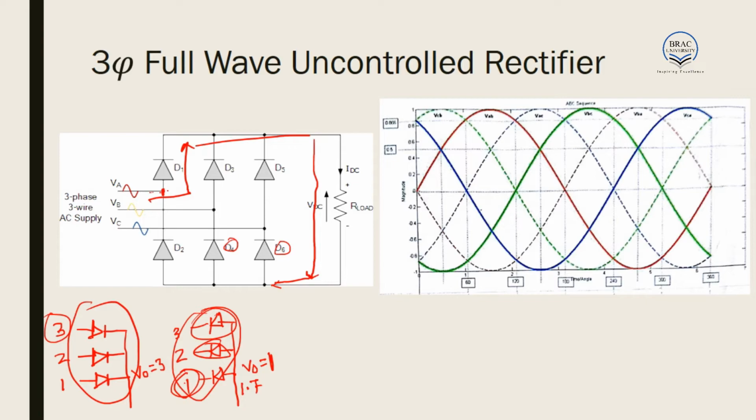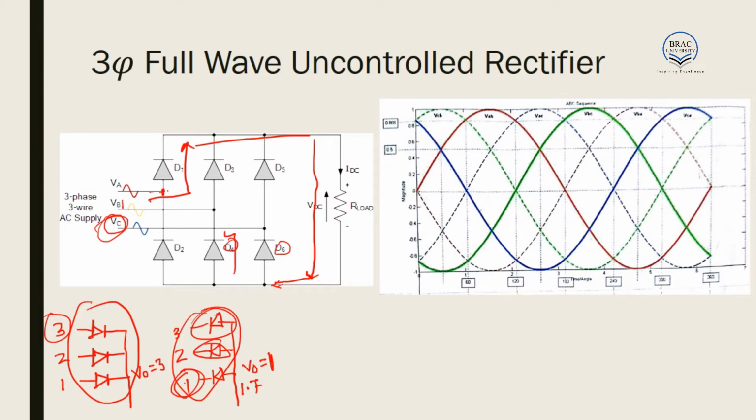Now the current will go through D6 if VB is less than VC. Current will go through D4 if VC is less than VB. That is, whichever component of the voltage is low, the current will follow that component.